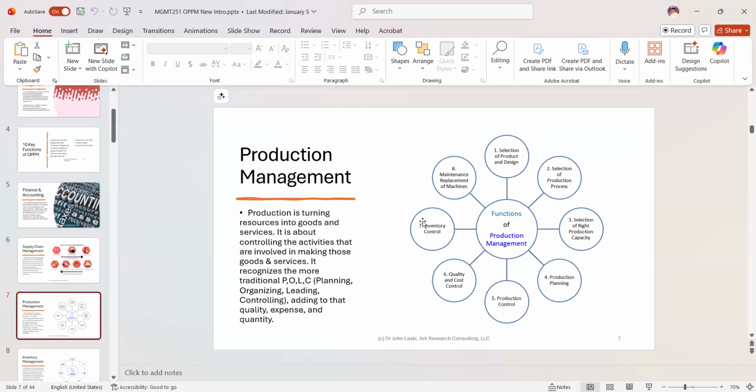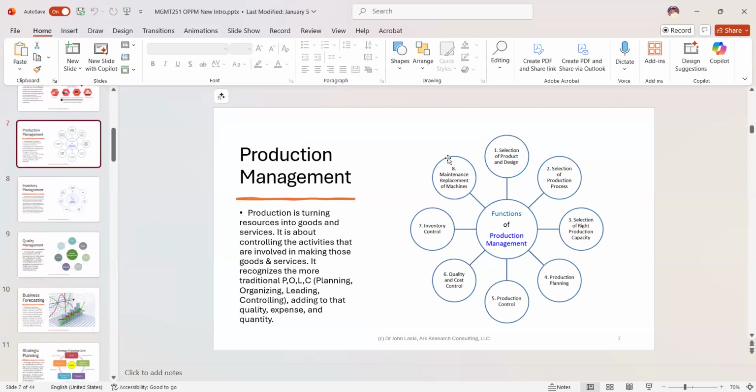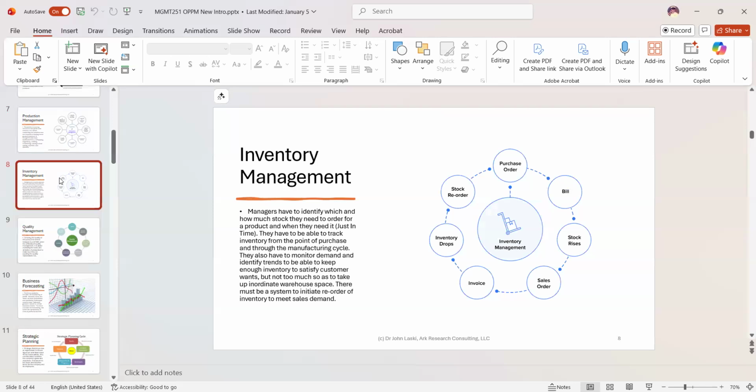So we can see the functions of production management include the selection of product and design, production process, production capacity, production planning, production control, quality and cost control, inventory control, and then maintenance and replacement of machines or other equipment, should that be a service environment issue.